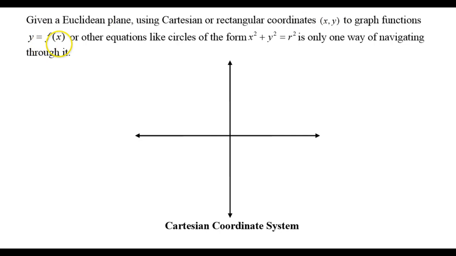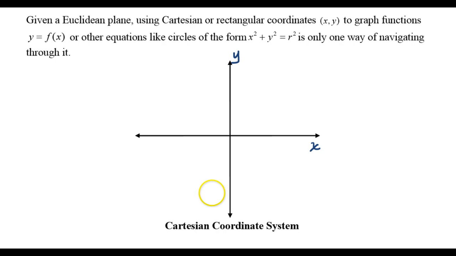So functions like y equals f of x, or other non-functions but equations like circles, x squared plus y squared equals r squared, that's just one way of navigating through a Euclidean plane. Again, being a two-dimensional plane, we choose to call the horizontal axis x, and we choose to call the vertical axis y.